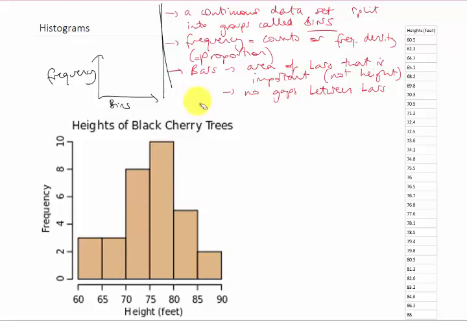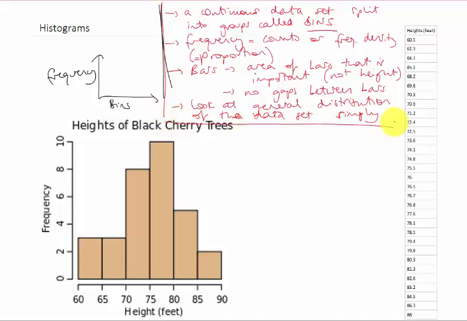Let's write that down: distribution of the data set. Cool, so now let's look at these 31 cherry trees.